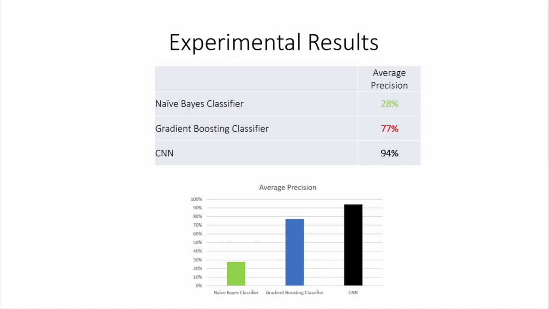So, given this architecture and the training that we did, we got actually pretty good results, as you see. Based on a recall of 96%, we were able to get a precision of 94%, which means that out of every prediction that we give, 94% are accurate.